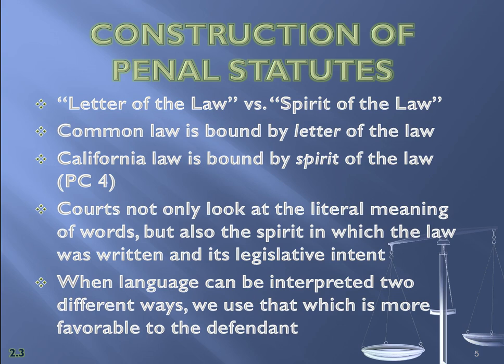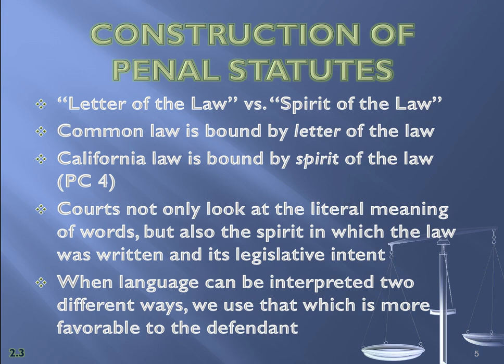However, remember, California jurisprudence or law is less tied to tradition, right? Because we don't have common law, and is more people-oriented than is old common law. Common law is bound by what they call the letter of the law, meaning black and white, the letter of the law. The California legal system is directed more toward the spirit of the law.